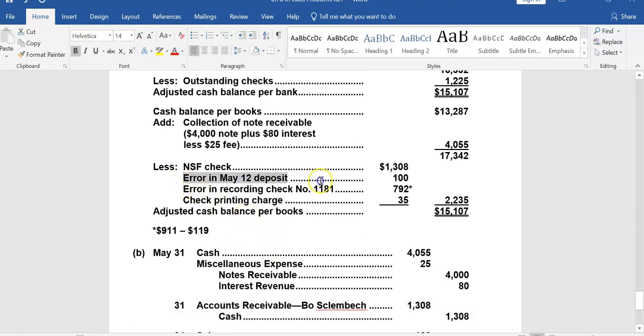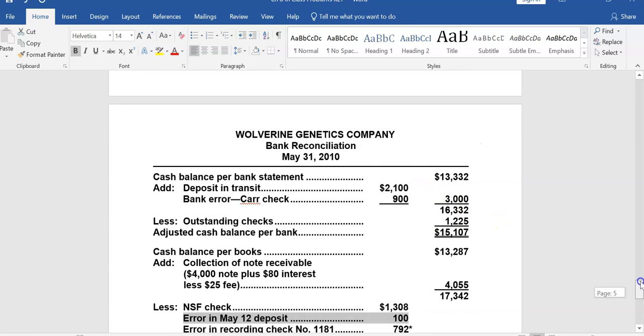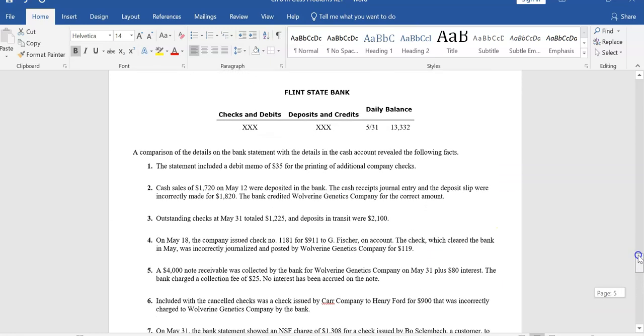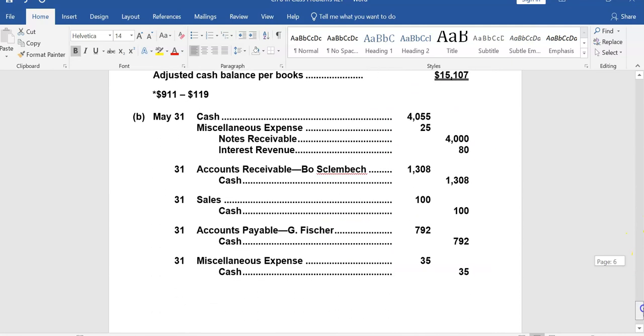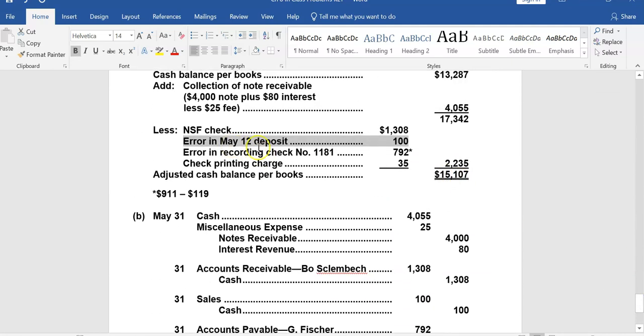Next item, there was an error in the May 12th deposit. Let's go back up to that May 12th so we have the details. We had recorded sales receipts incorrectly. We had recorded the sales $100 too much. So now we need to correct it.